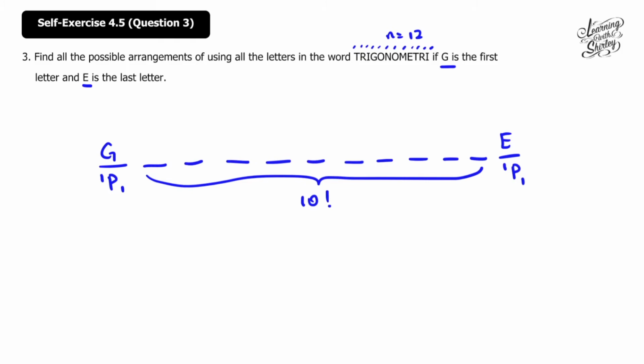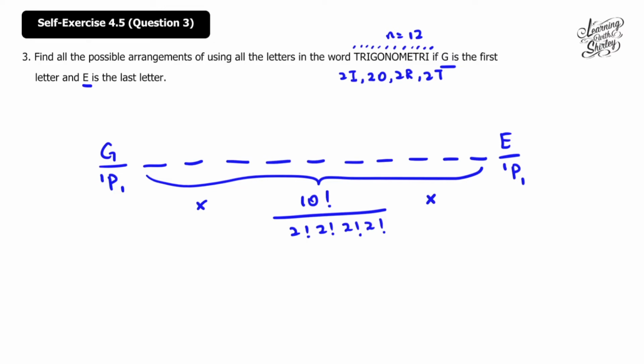Here we have 2 I's repeated, 2 O's, 2 R's, and 2 T's, which means we have to divide by 2 factorial times 2 factorial times 2 factorial times 2 factorial. And then we multiply them together.